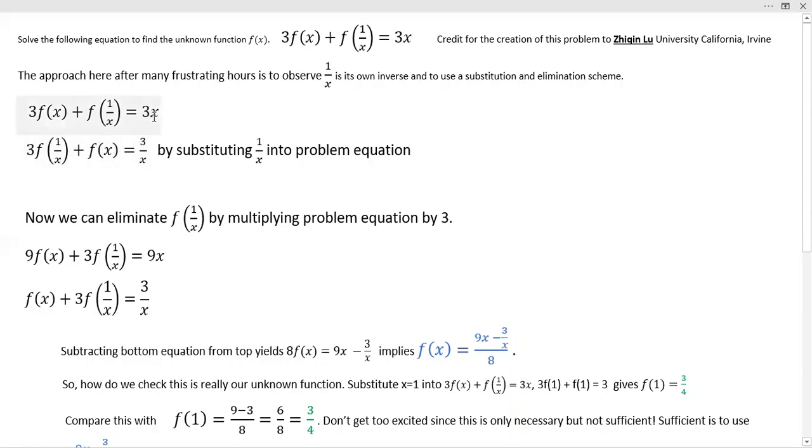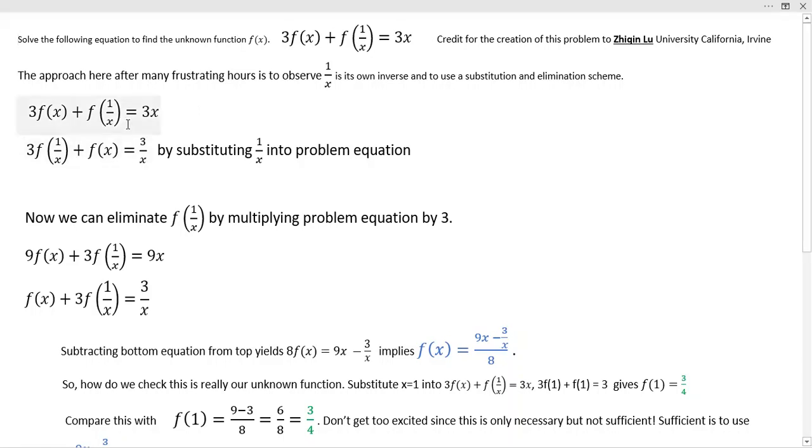And of course, I replaced x with 1 over x right here. Now you'll notice that after that substitution, it's very tempting to want to eliminate the 1 over x term. And you can use this elimination idea with abstract equations. They don't have to be a lot of scalars floating around, like what you're used to teaching in your college algebra course. We are trying to solve for f of x right here.